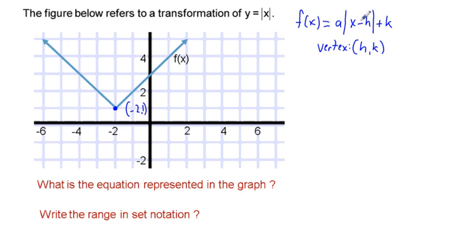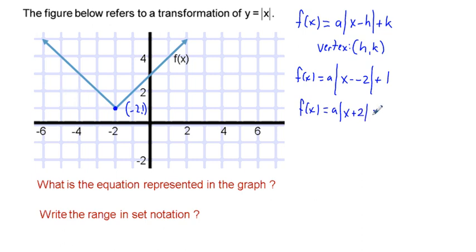So that means h is -2, and we're going to have f of x equals a times x minus, and h is -2, so minus -2, plus k, well k is 1, plus 1. And this simplifies to x minus -2 simplifies to x plus 2.